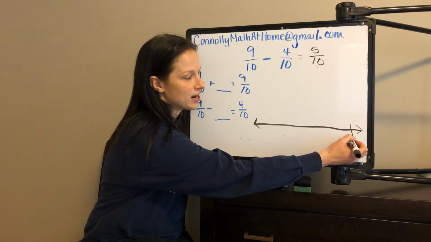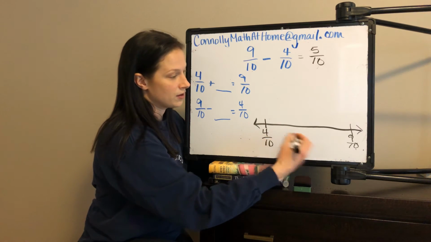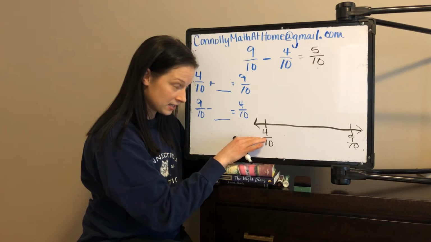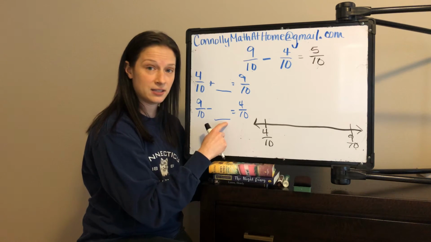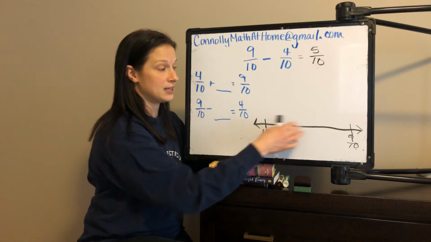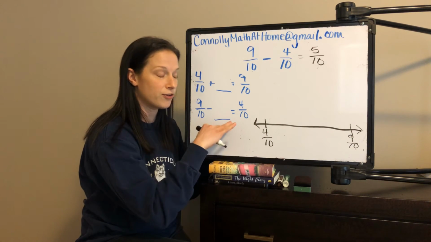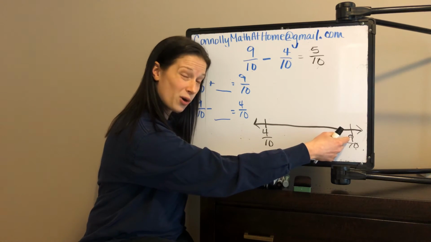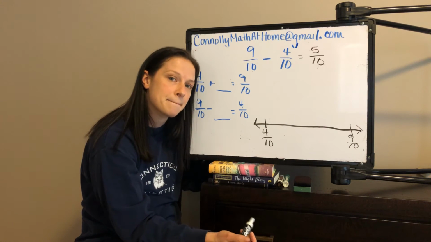So if I am trying to find the distance between how far I walked, 9/10, and how you walked, 4/10, I could either subtract back to see how many tenths that I had to walk, or I can add up to see the difference between. So I could subtract back to see the difference between how far we walked, or I can add up. No matter what, if I go this way or if I go this way, the distance is the same, right?